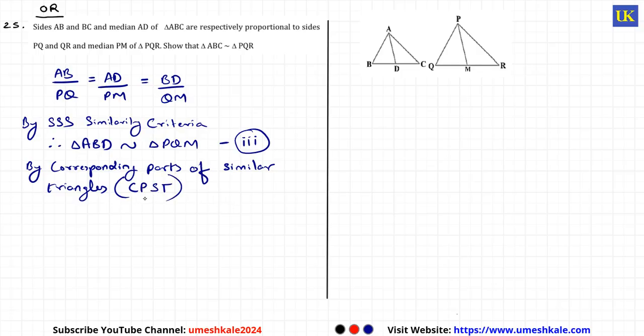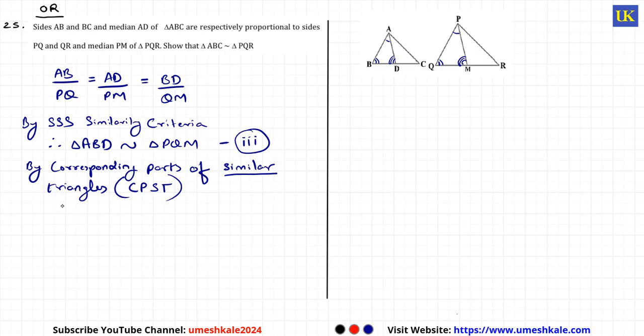In 9th standard we studied CPCT for congruent triangles, but here in 10th standard we are talking about similar triangles, so replace this C with S. What this concept says is that once we prove that any two triangles are similar, automatically the angles of both these triangles should become equal. This concept is called corresponding parts of similar triangles.